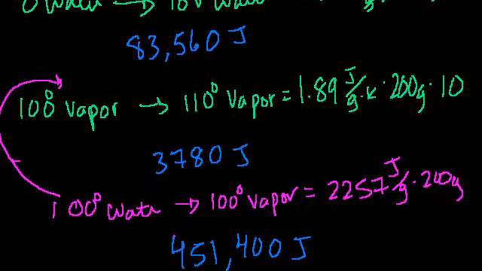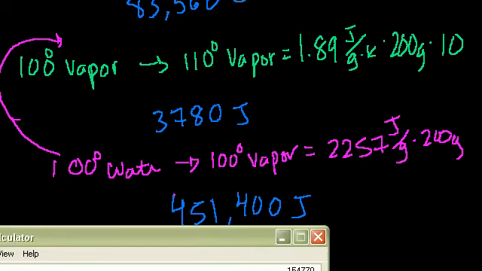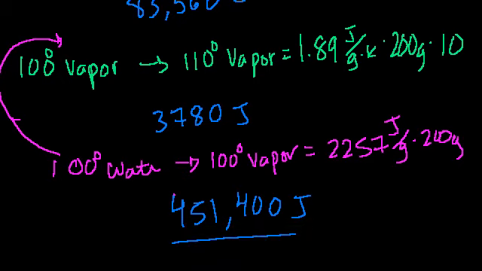And then we need to turn that 100-degree water into 100-degree vapor. So you add the 451,400, which is equal to 606,000. And then finally, we're at 100-degree vapor, and we want to convert that to 110-degree vapor. So it's another 3,780 joules, which is equal to 609,950 joules.